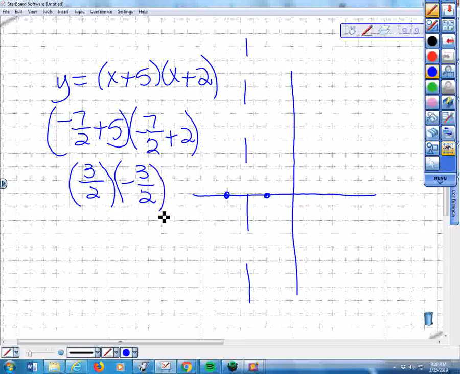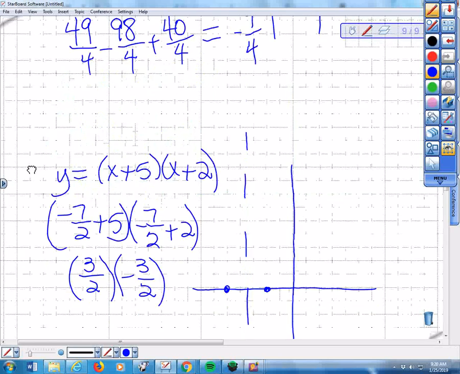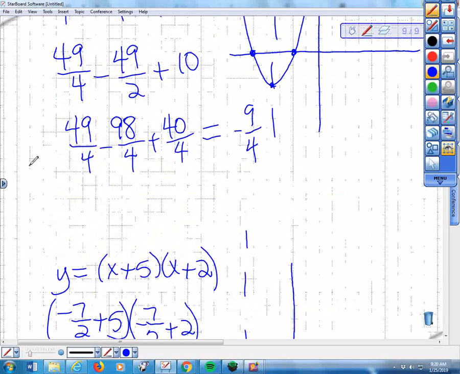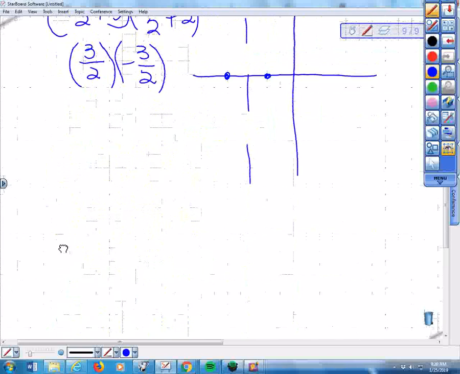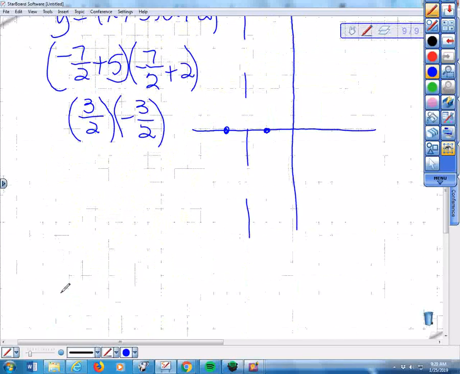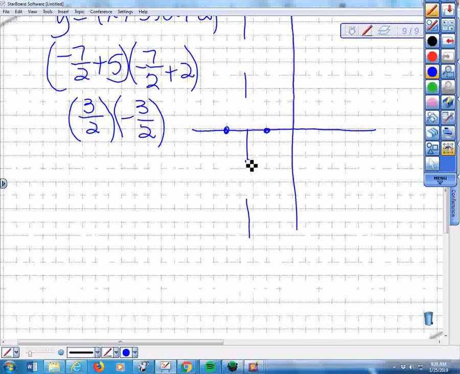Multiply that together, I get -9/4, which is what I got when I did it in standard form. -9/4. So 2 1/4, there's my vertex.